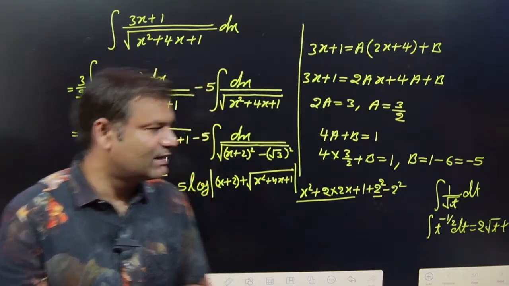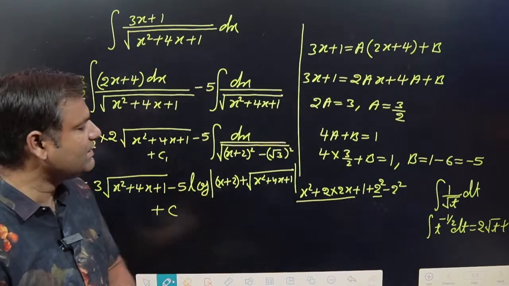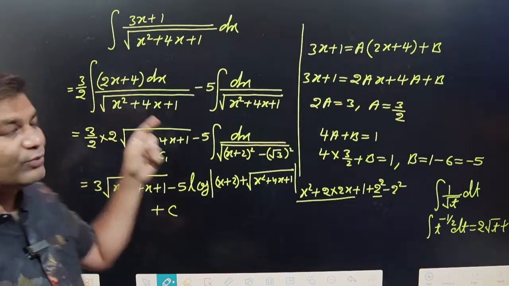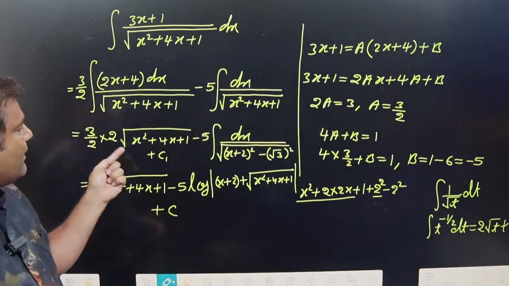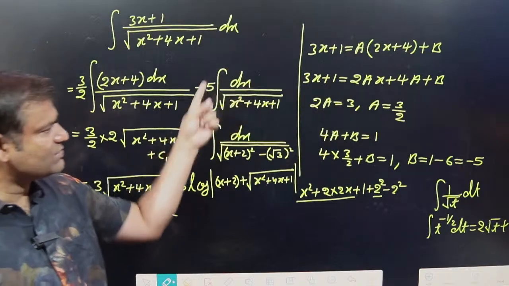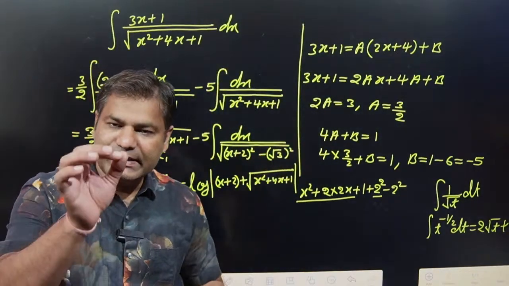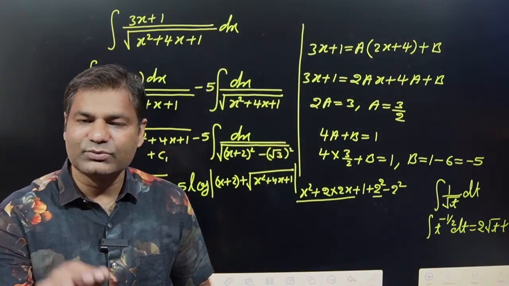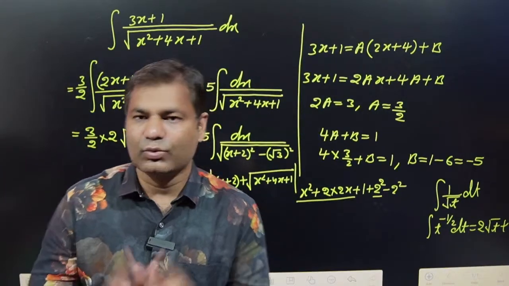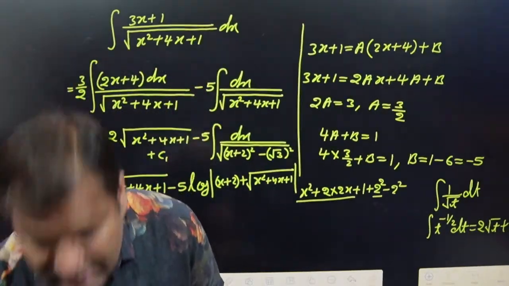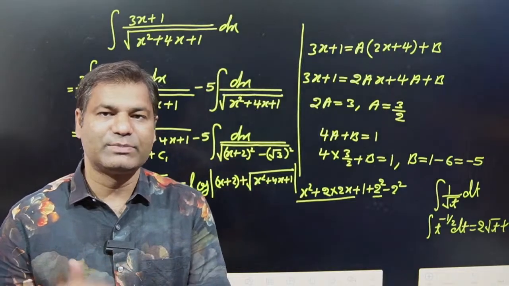After that, look here very carefully, t is basically x square plus 4x plus 1. So it is written here. After that, how can we solve this type of problem? dx divided by under root x square plus 4x plus 1, make a perfect square. The quadratic is x square plus 4x plus 1.